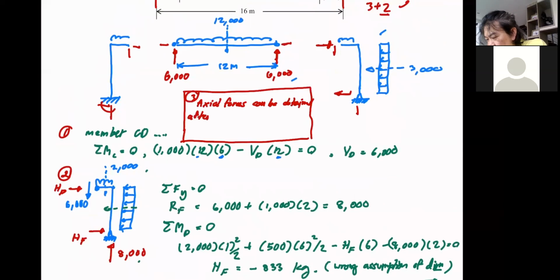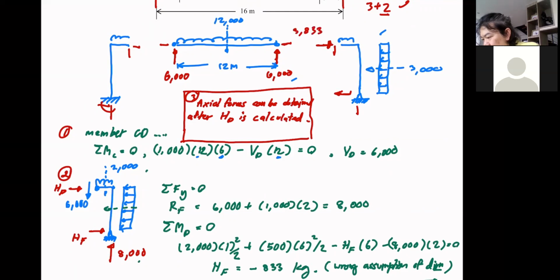After HD is calculated, now you know that this is 3.833.